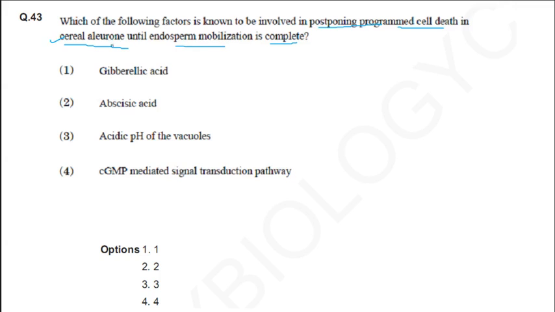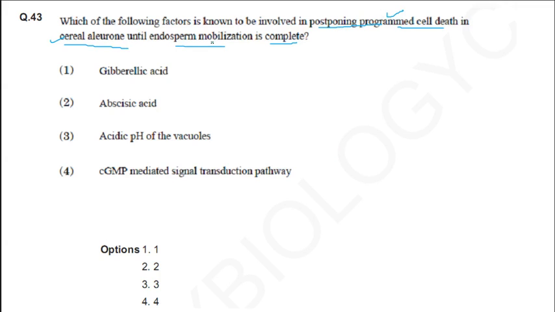Now cereal aleurone layer, what it does, it helps in the release of the amylase. Now gibberellic acid helps in the release of the amylase from cereal aleurone layer. But which hormone will postpone the programmed cell death in cereal aleurone layer? So programmed cell death is an important task of cereal aleurone layer to release the alpha amylase.